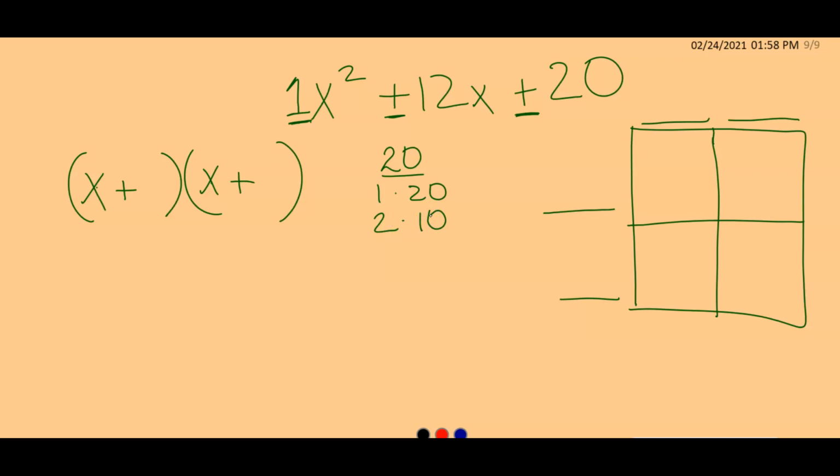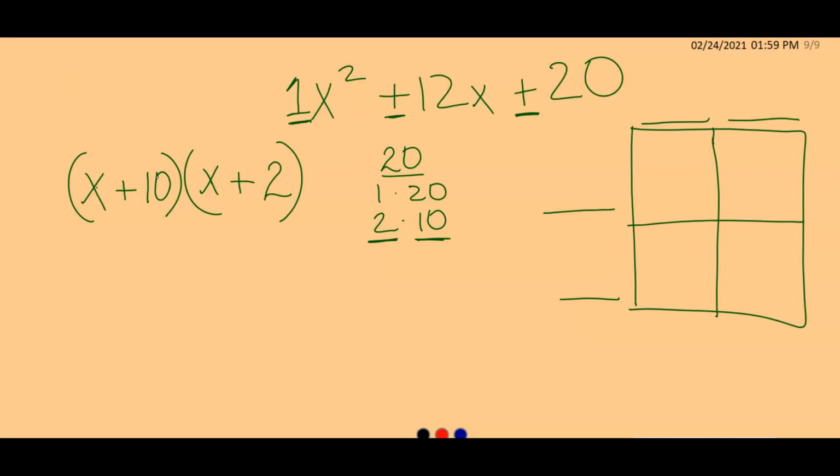Ooh, look at this. We want our two factors of 20 to add up to 12. And look at what we've got. So I think we are done looking for factors. So I'm going to write 2 over here and 10 over here. And I think we've got ourselves a problem.